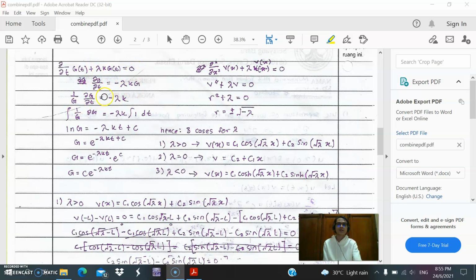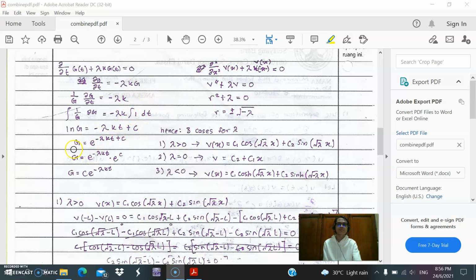So pindah G ke sini and we got 1/G ∂t equals to -λk, and we bring the ∂t over here and kita integrate both sides. So integrate 1/G, kita akan dapat ln G, dan integrate 1 dt akan dapat t plus c.